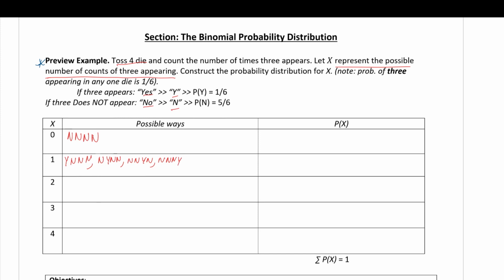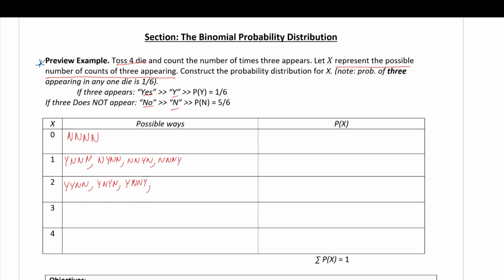Now, how many ways can 2 3s appear? How many ways can we get 2 y's out of 4? We can have the first and the second, the first and the third, or the first and the fourth.